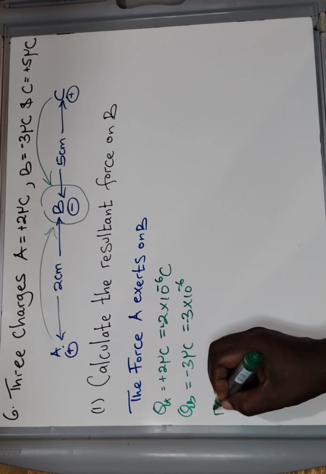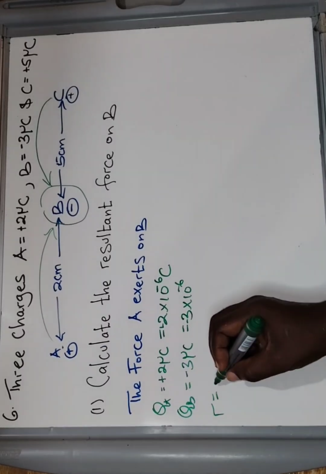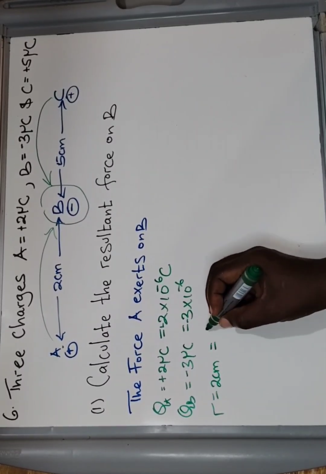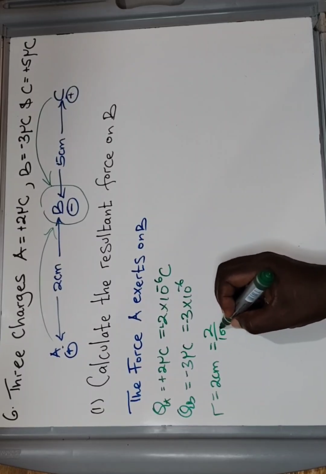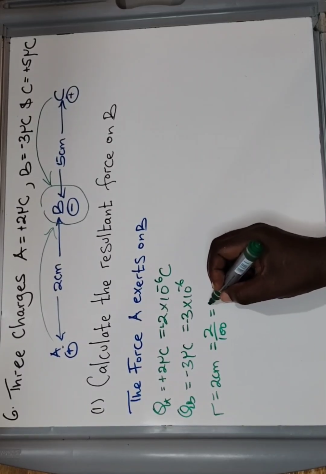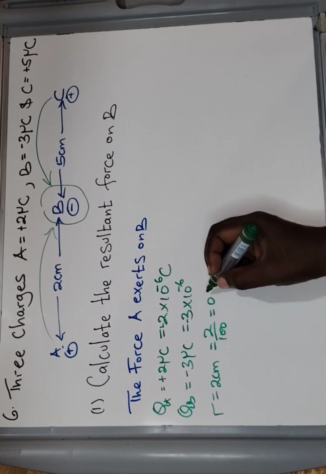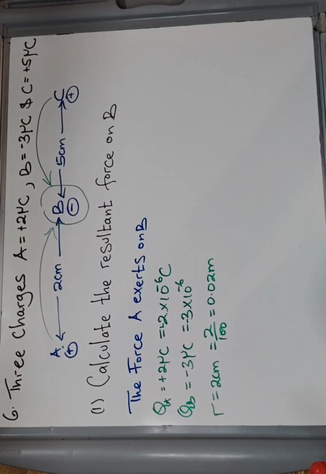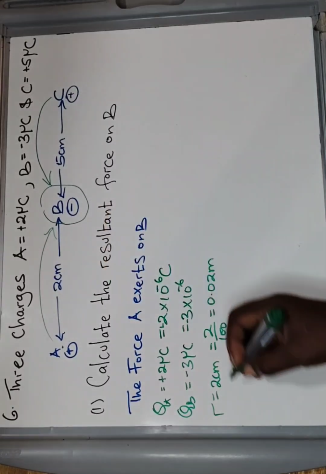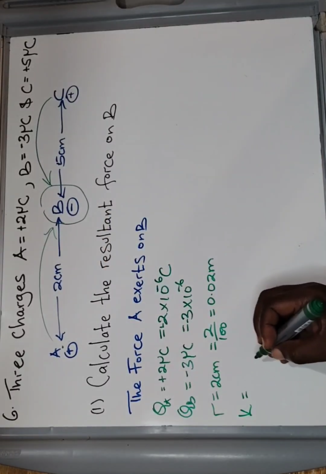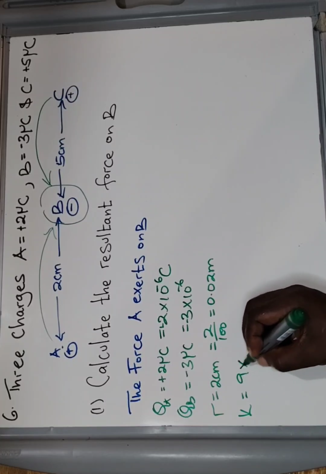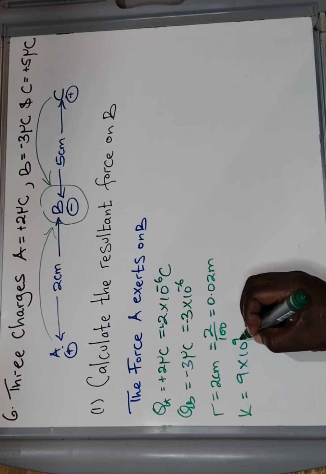We know the intermediate distance, which is 2 centimeters, which gives you 2 over 100, giving you 0.02 meters. So that's the information we have, plus our usual one, which is our K. K comes as 9 times 10 power 9.